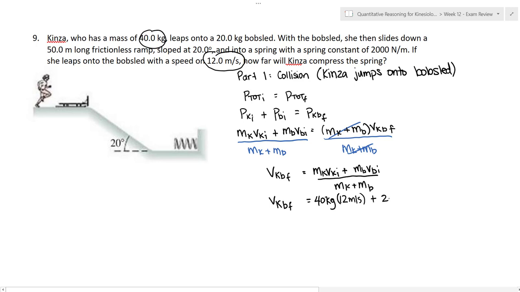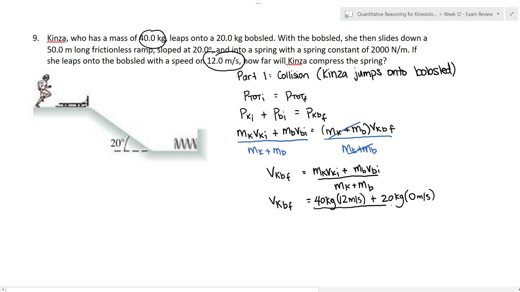The bobsled is 20 kilograms. And how fast was the bobsled moving initially? Before she jumps on it, before the collision, the bobsled's not moving, it's just sitting there. So that would be 0 meters per second.